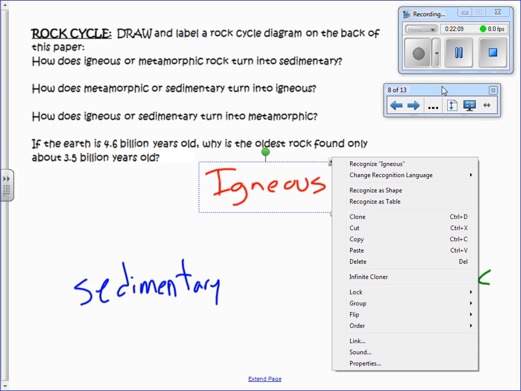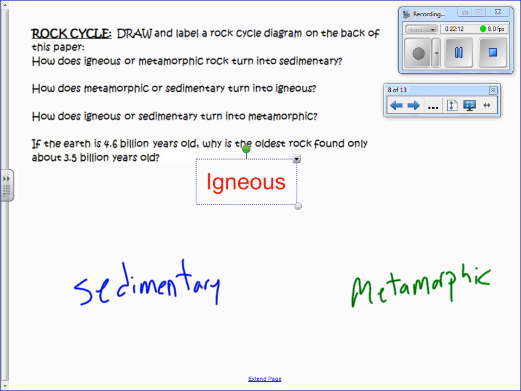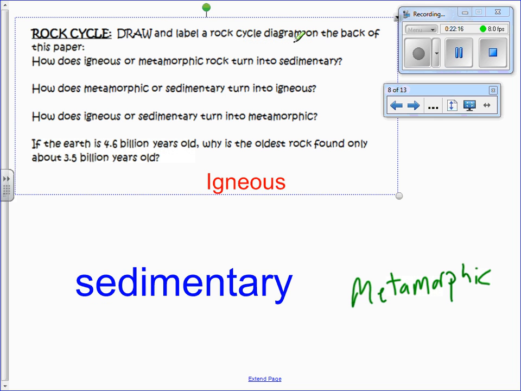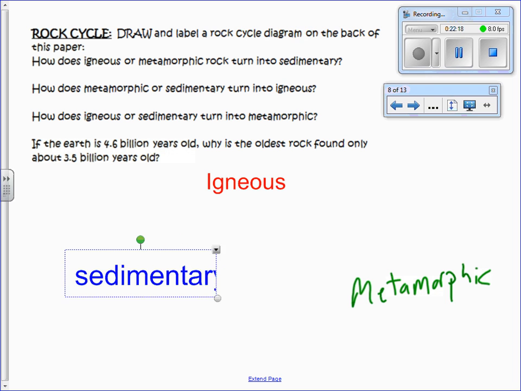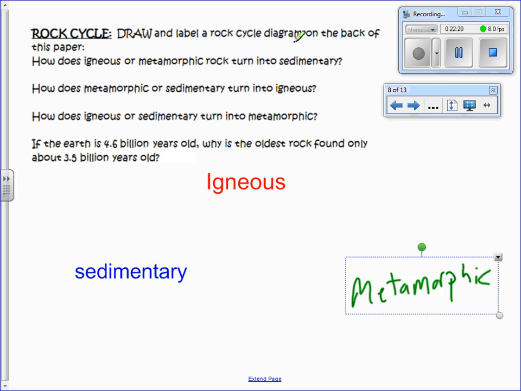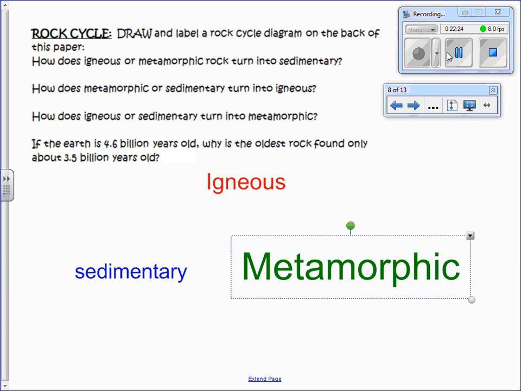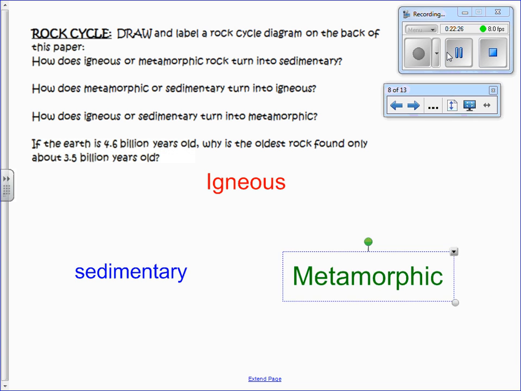So igneous, sedimentary, and metamorphic. So who knows what's one of the ways rocks might change in the rock cycle?